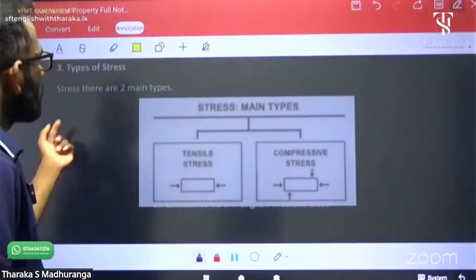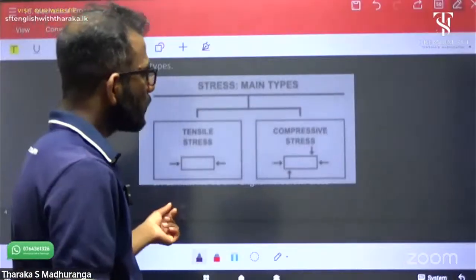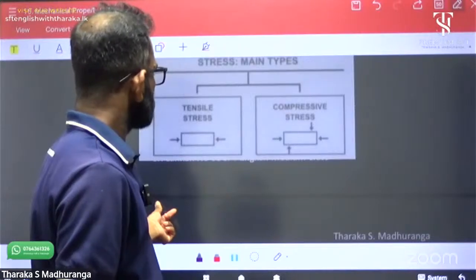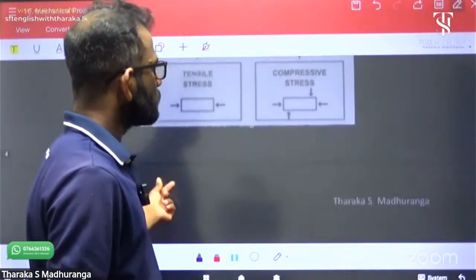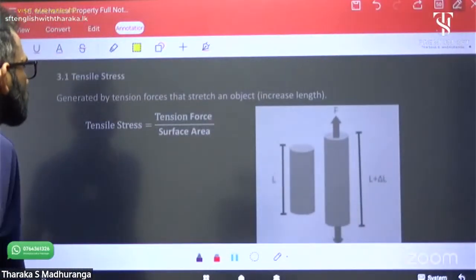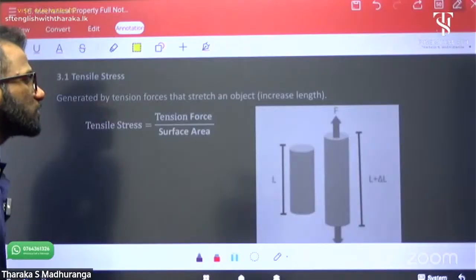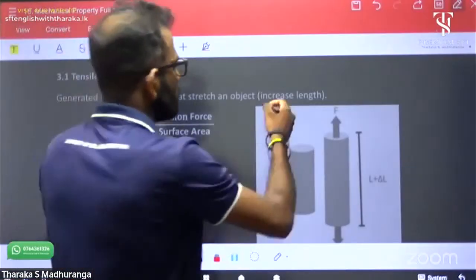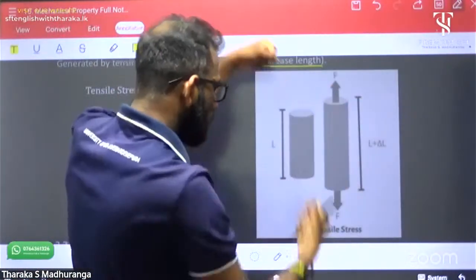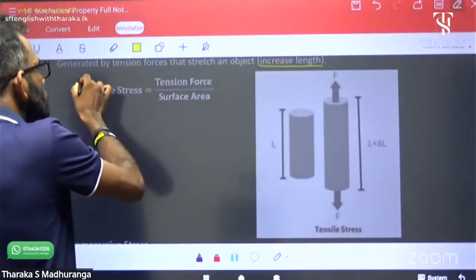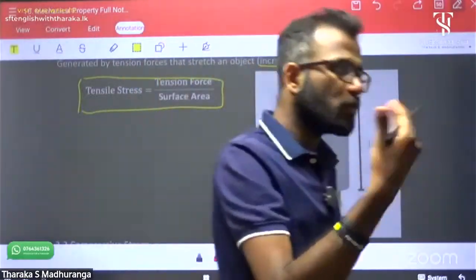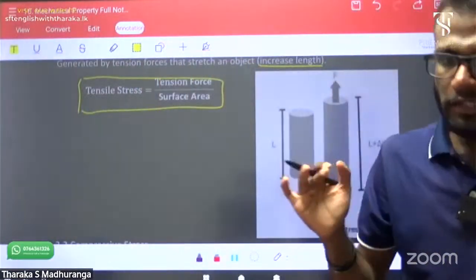There are two main types of stress, tensile stress and compressive stress. Tensile stress is generally generated by tension force, which stretches an object. Stretch means length increasing. Tensile force divided by cross section area is the tensile stress.